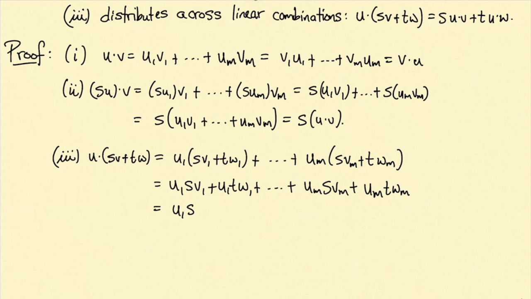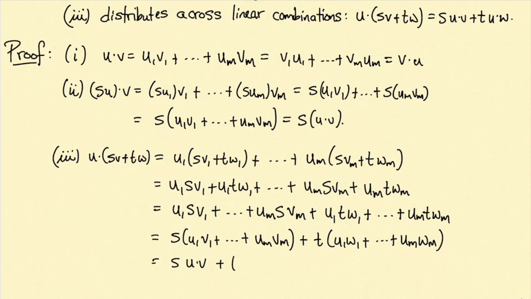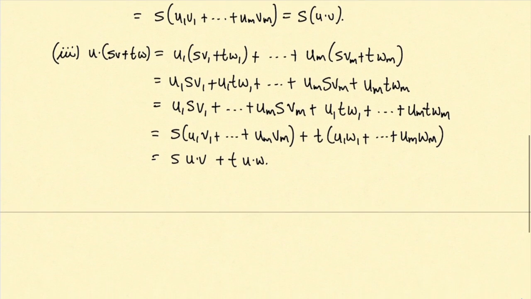We can group together the terms with u's and v's, as well as the terms with u's and w's. We can factor an s out of the first summation, and we can factor a t out of the second summation. And now we recognize that the first summation is u dot v, and the second summation is u dot w. Before we move on, let's make an observation.